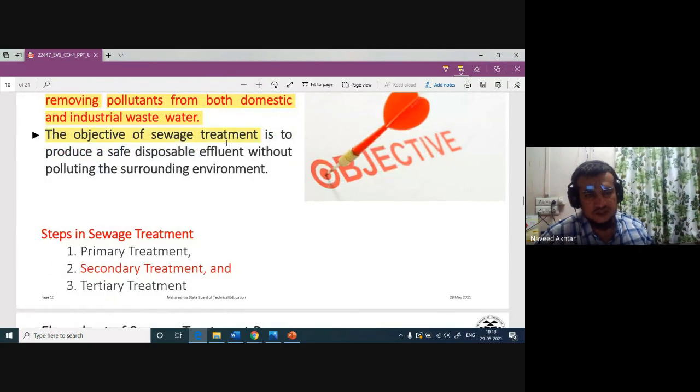The objective of sewage treatment is to produce a safe disposal effluent without polluting the surrounding environment.